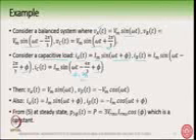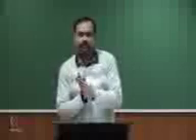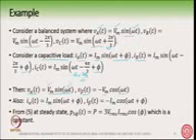Now we can find out what V alpha t and V beta t are. Substituting into the matrix, I see V alpha t is Vm sin omega t. As expected, Vm and Vm are matching, omega t and omega t are matching, and the A phase and alpha are coincident, so they have the same projection. V beta is minus Vm cos omega t. Why is this minus Vm cos omega t?